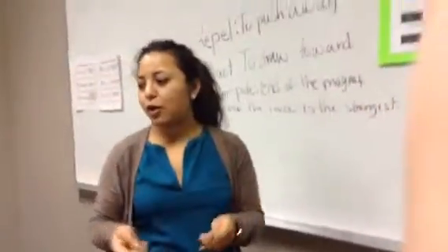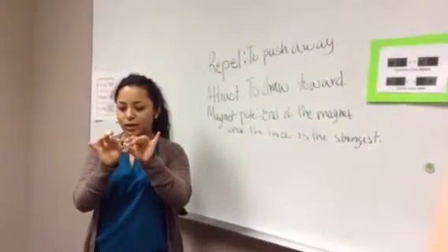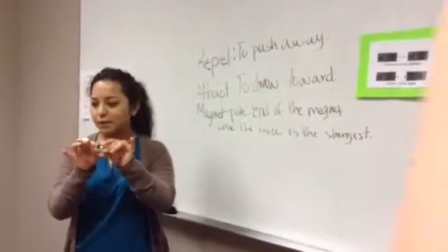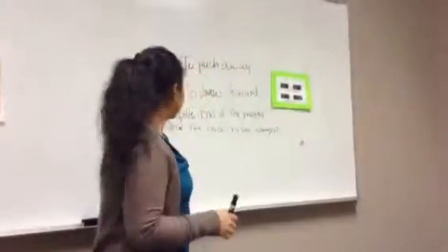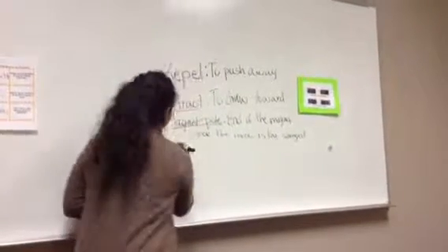Okay? So you have some magnets there, so you should try it on your own. Go ahead and try it. And you're going to see how you can try and it never lets you, right? Okay, and our last vocabulary word will be magnetism.